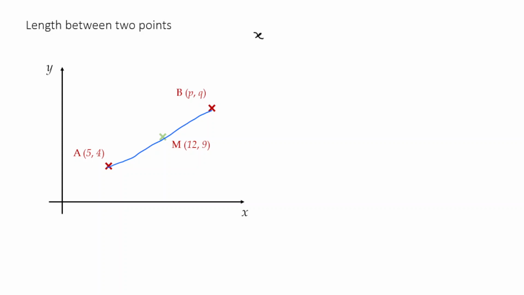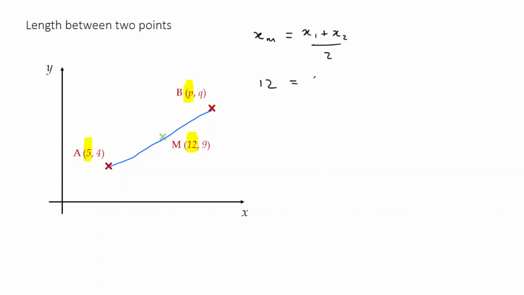Which is the x-coordinate of the midpoint is equal to x1 plus x2 over 2. So let's just substitute in. What's our midpoint x value? Well, that is 12, right? So here we've got 12. And our x1 and x2 are 5 and p, right?